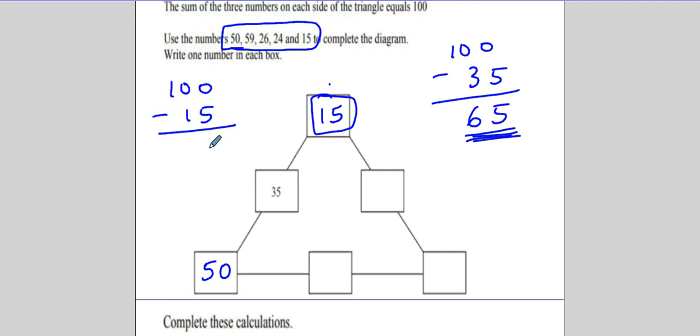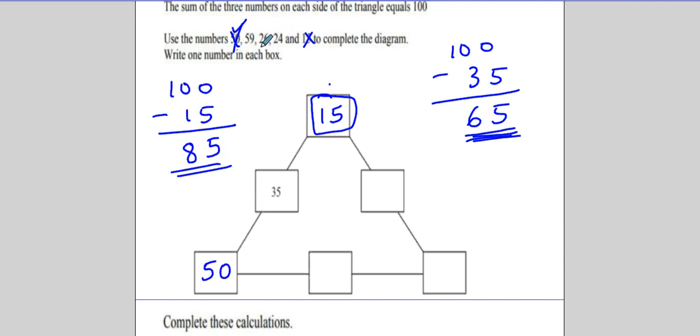What do you get? 85. Now choose from these two numbers. But remember 50 is already selected, and 15 is also selected, so don't use them. From this list, which two numbers will add to 85?